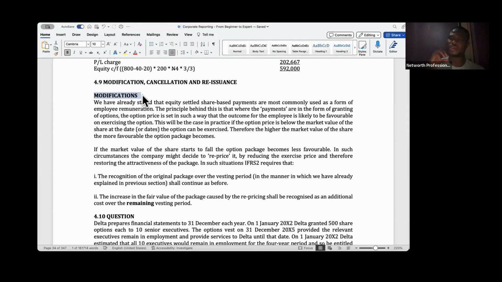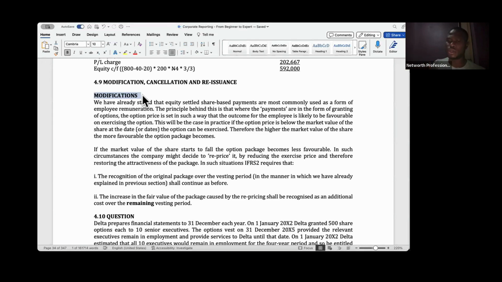What do I mean by unattractive? First, what even makes this share-based payment attractive? Why would employees be excited about not being given money now, and instead being promised certain shares in the future? What makes them excited is the value.